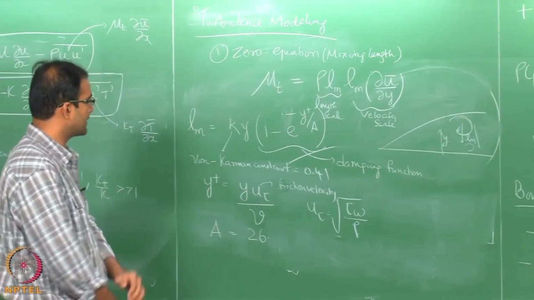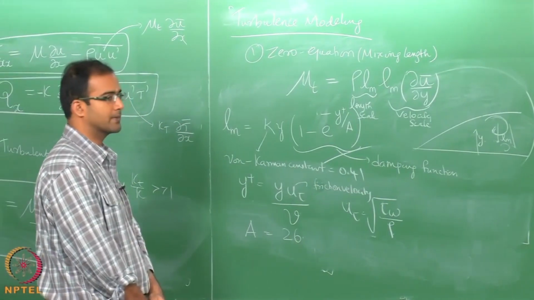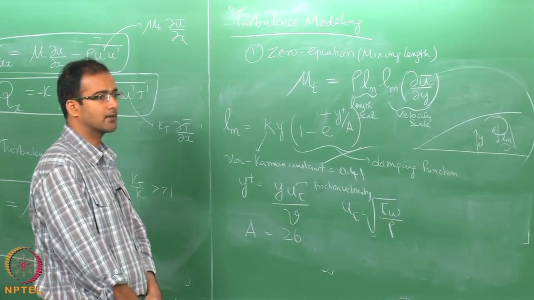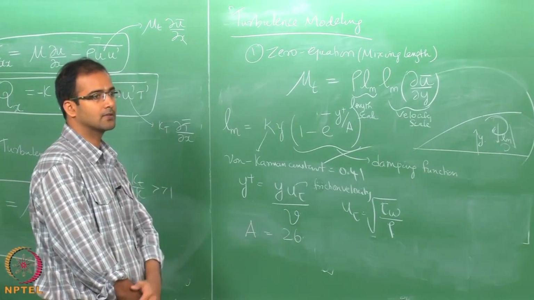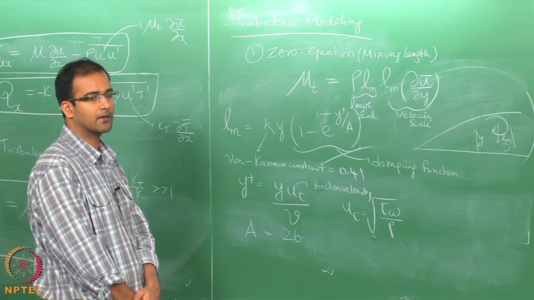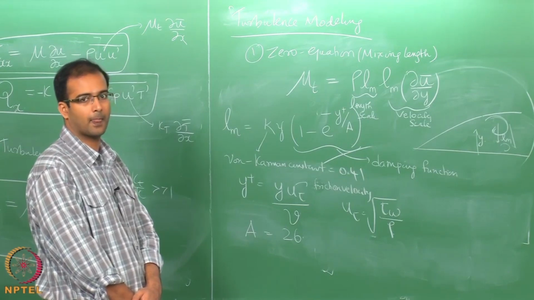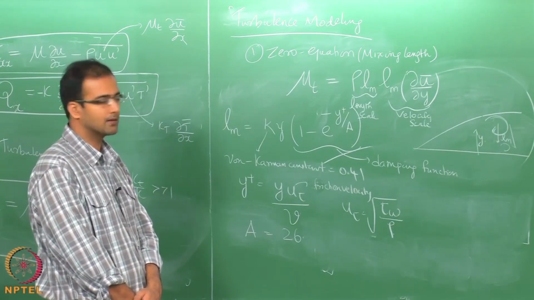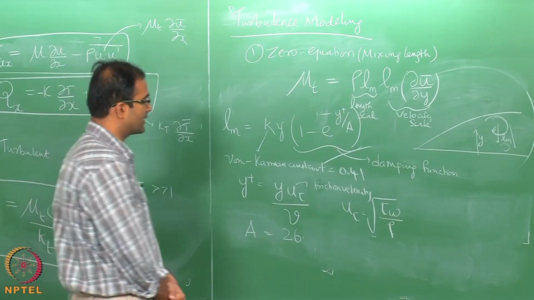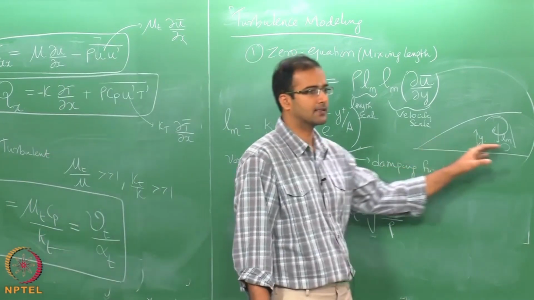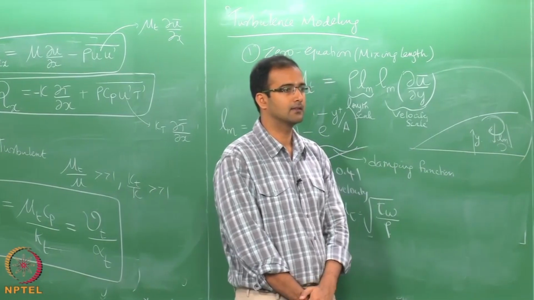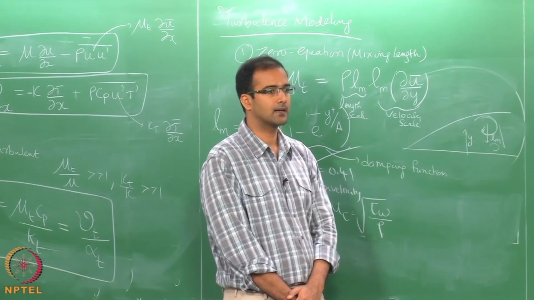So, you understand that conceptually Prandtl had proposed this mixing length theory in order to simply close the turbulent viscosity without having to solve additional equations. This works fairly well if you have a flow which is attached to the wall, like a classical boundary layer theory.